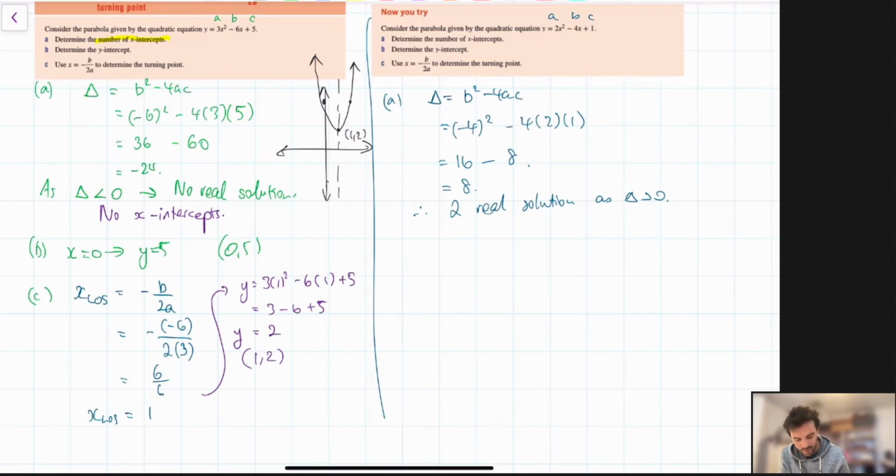Now, another way of saying that is that there's 2 distinct x-intercepts. That means they're going to be in two different locations. Next, they're after the y-intercept. Y-intercept is really easy.